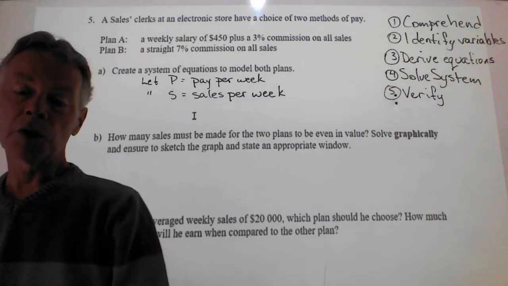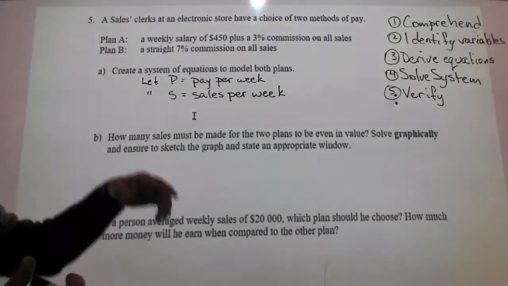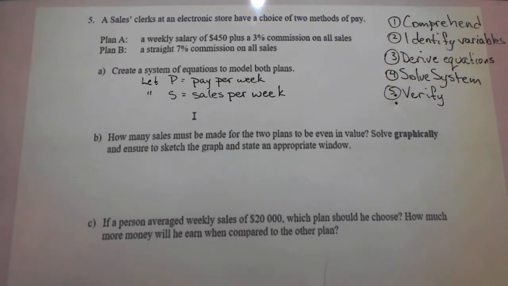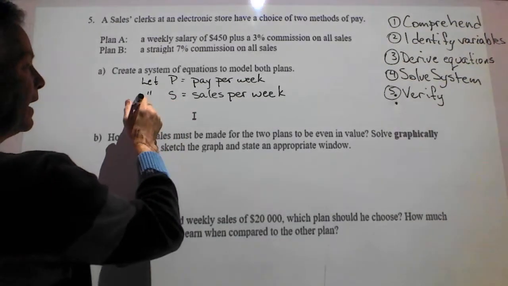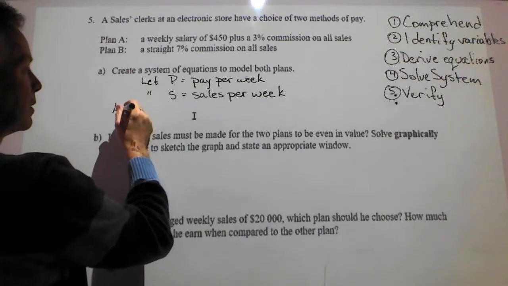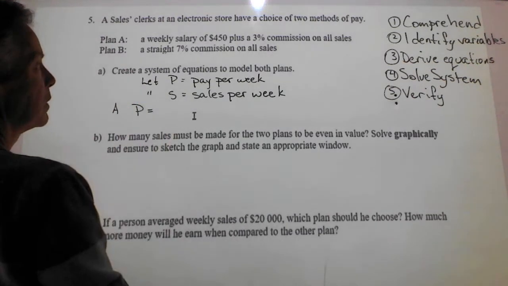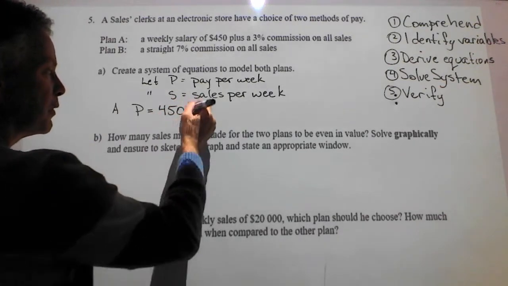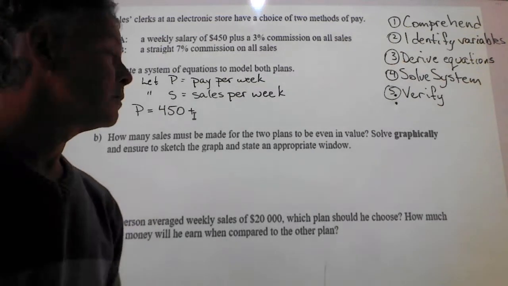Now we have to come up with a system of equations, two equations. In this case, one that would describe plan A, one that would describe plan B. So, for plan A, our total pay is equal to $450, which we get no matter how much we sell. It's a base salary.